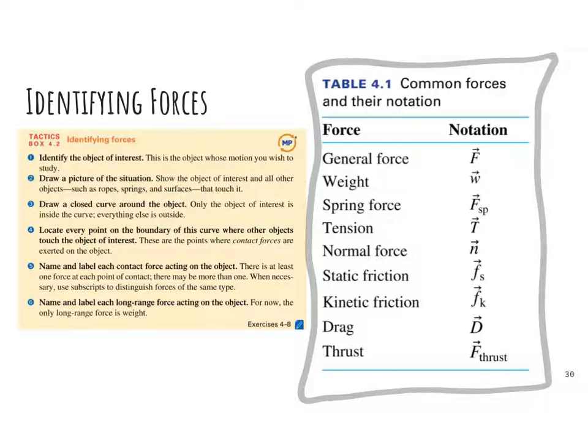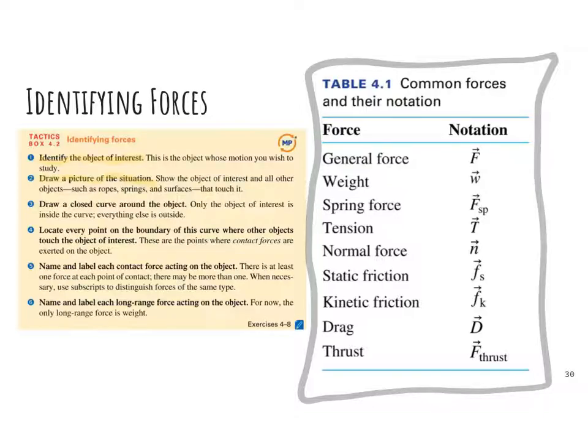But the very first thing we want to do is identify the object of interest. Whatever it is that we're examining, we want to know what it is. We draw a picture of the situation, the physical picture of what's going on.